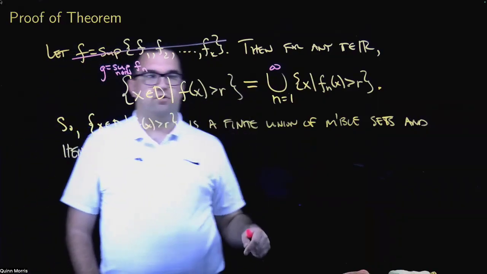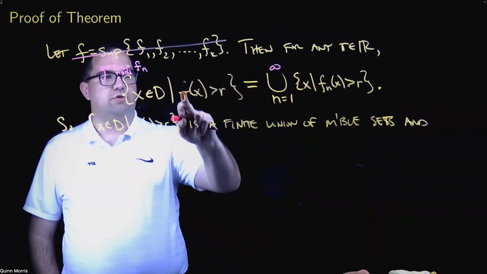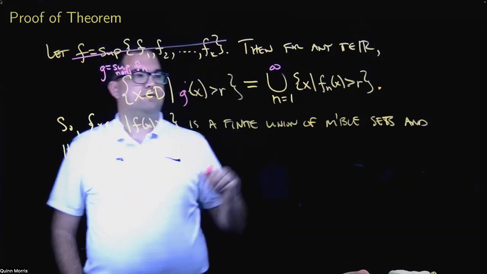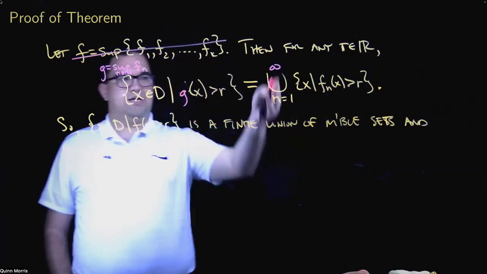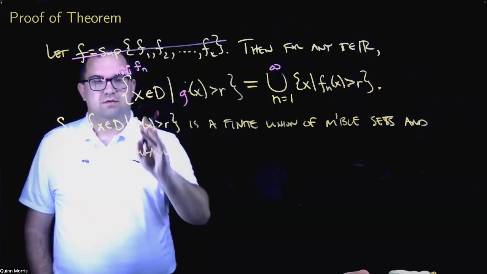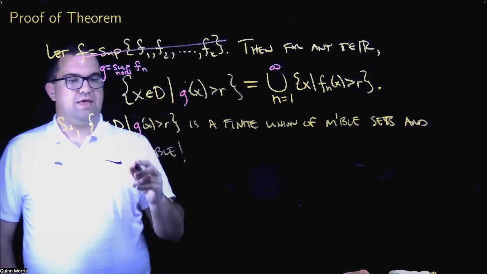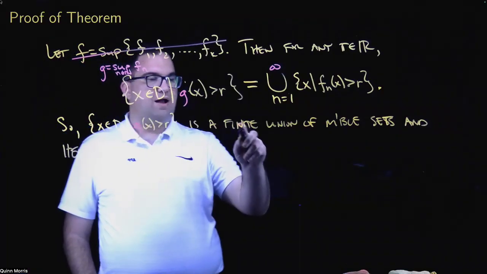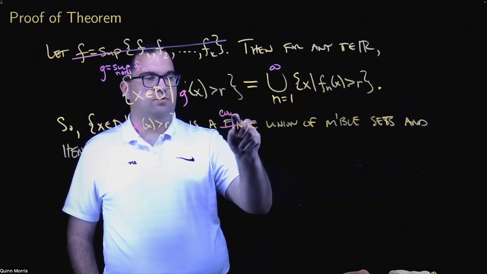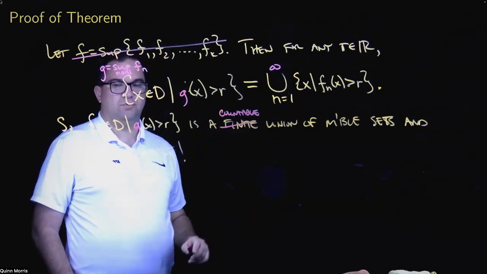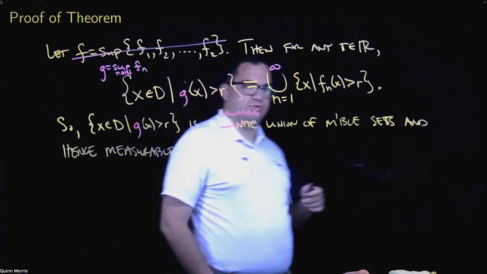Same argument as before, except I guess now we should call this g. But again, you just change the k to infinity. And now you get that this set is no longer a finite union, but it's a countable union of measurable sets, and hence it's measurable.